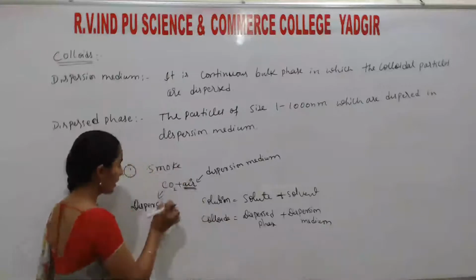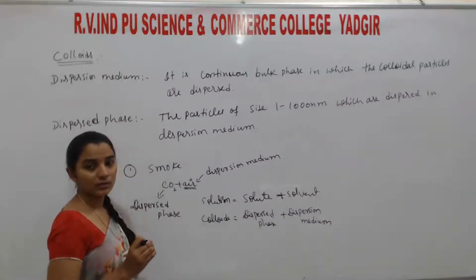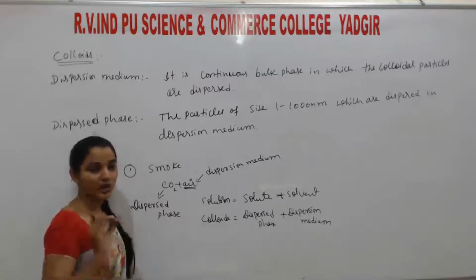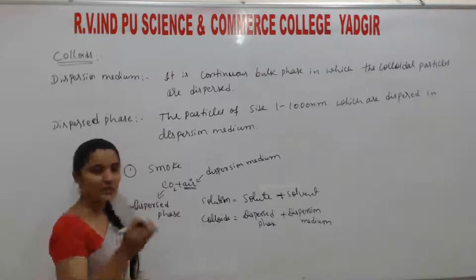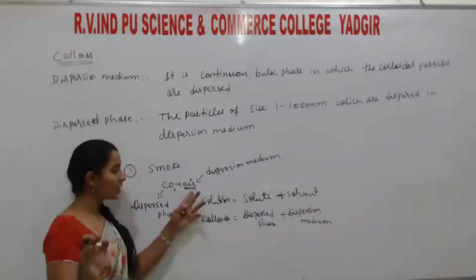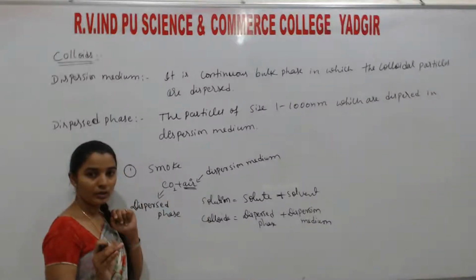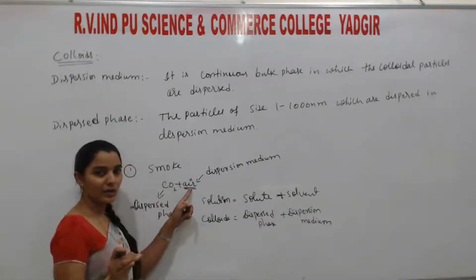So it is a gas solution. In the solution chapter, I already told you: if the solute is gas and the solvent is gas, then it is a gas solution. There are also solid solutions and solid-liquid solutions. In a gas solution, smoke is the example. Here CO2 is the solute and air is the solvent.